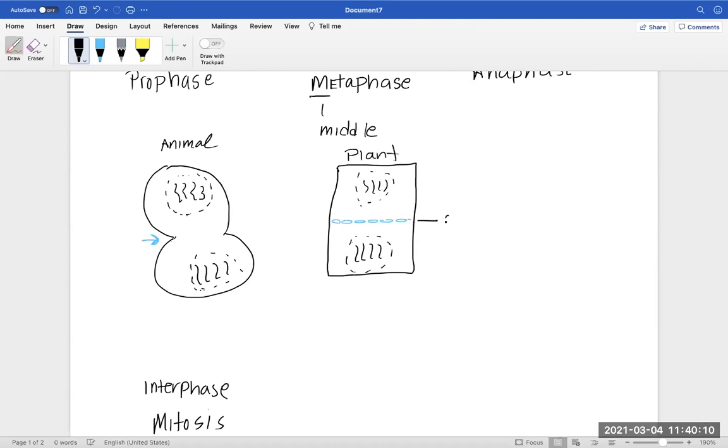This is called the cell plate, and this is the cleavage furrow. To cleave means to cut. Furrow is basically this dip. When you furrow your eyebrows, it gives you a little bit of a dip like that. So it's called cleavage furrow.